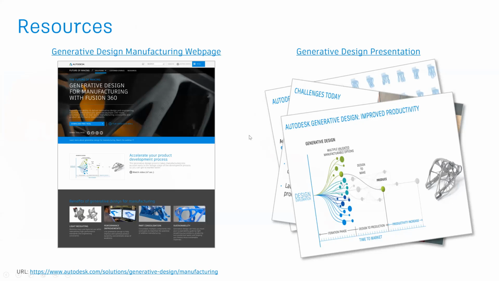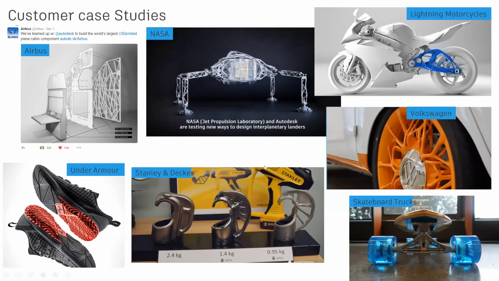There is a lot of content, presentations, and white papers available, along with a host of different case studies and success stories that we have published along with our customers, which show how they have used generative design to meet their business goals and objectives.